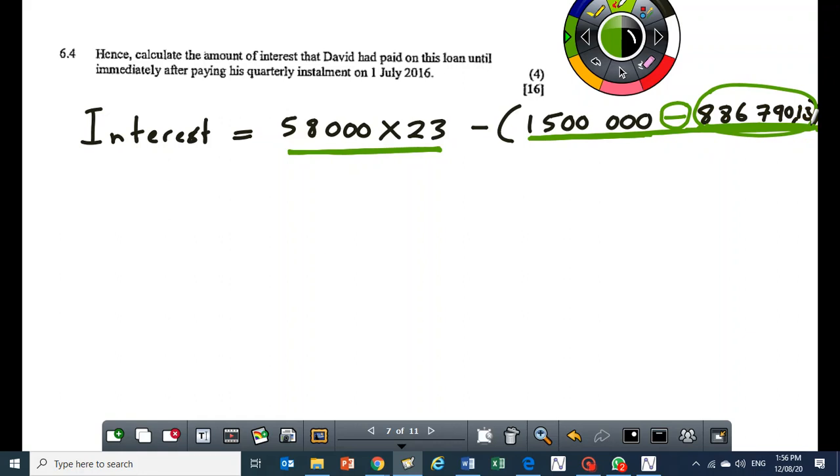Whatever difference we get there, that's the amount which will seem like the person has paid off from the 1,500,000, which is the original amount that the person borrowed from the bank. And be aware that this 886,790.15 includes the amount which you got from the delay in payment for a quarter.